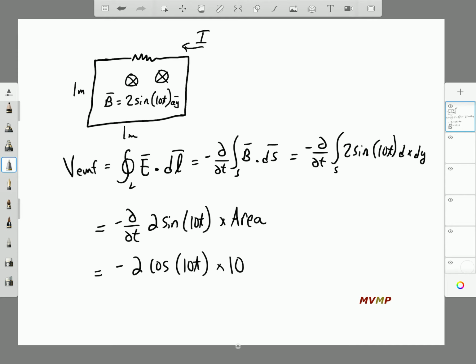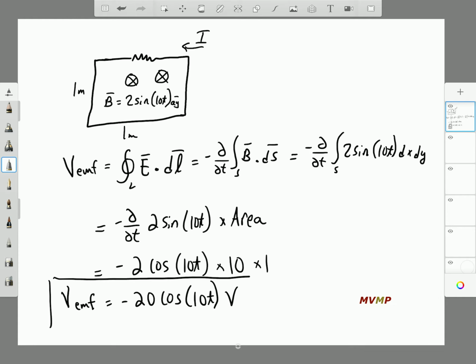And since the area is just 1 times 1, which is 1, we get a total induced voltage of negative 20 cosine 10t volts.